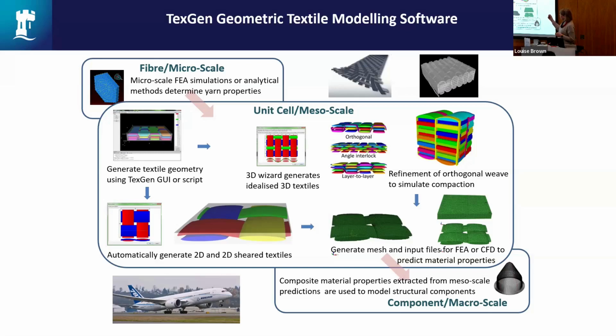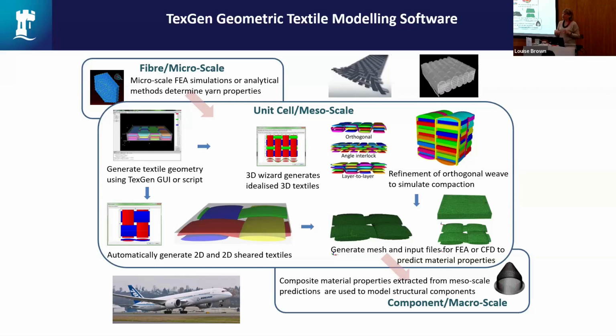Another thing is using just the dry fibre model to do CFD simulations to see how resin is going to pass through. So you do permeability simulations, because the permeability in the different directions through the composite will be different.